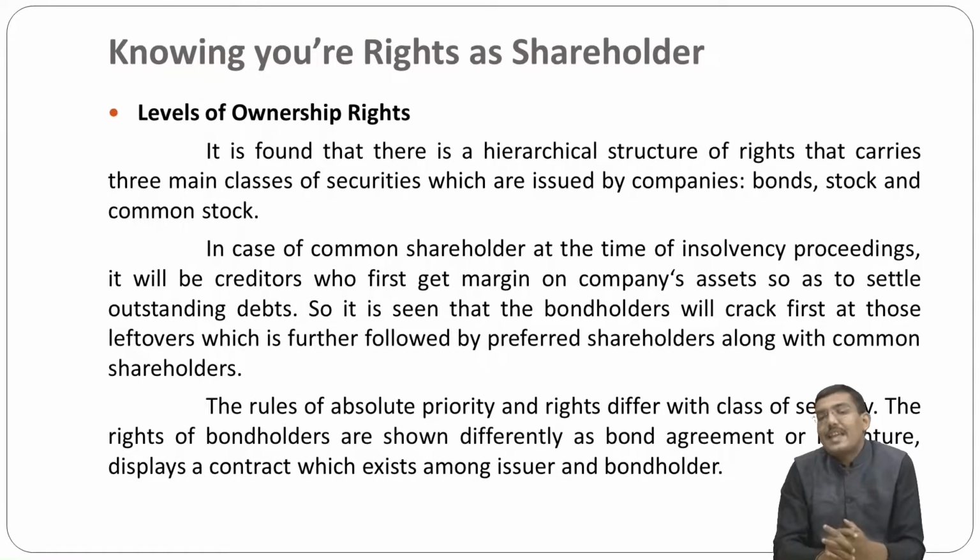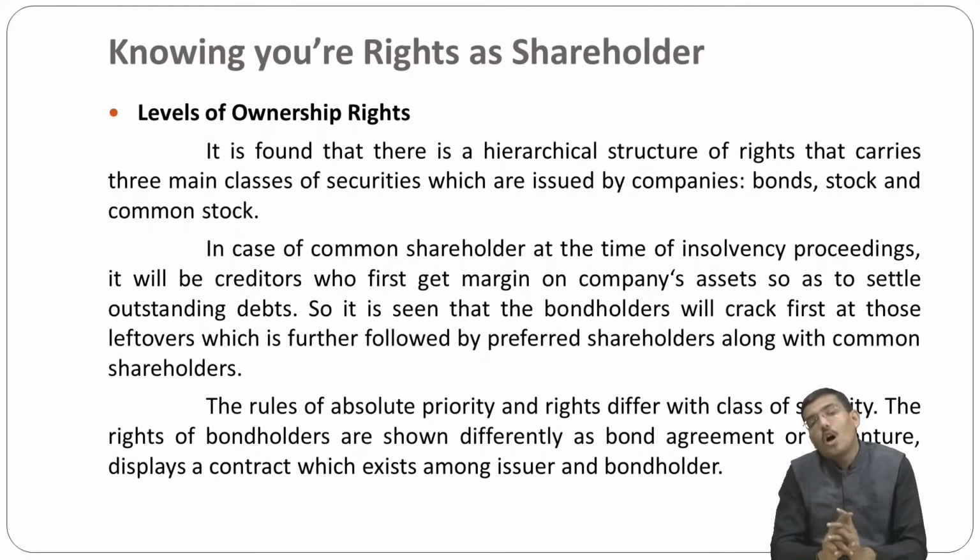So it is seen that the bondholder will come first, followed by the preferred shareholders along with the common stockholders, or we can say the common shareholders.